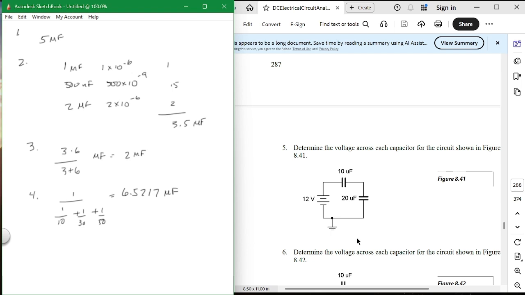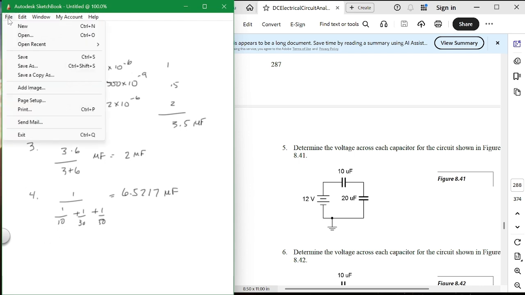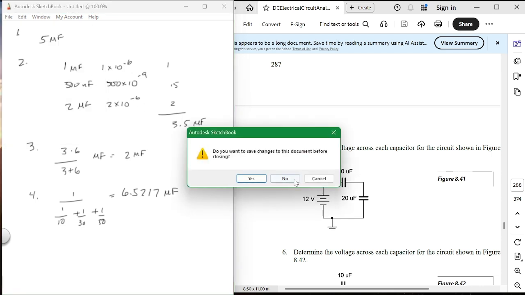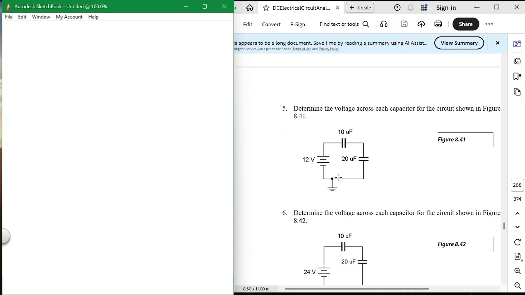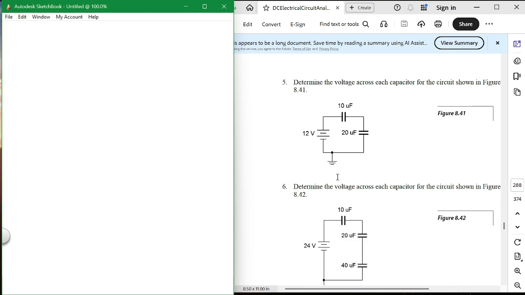Okay, this is one that's not easy. So you basically have to find C equivalent. And the same way with number 6. 5 and 6 are the same thing.